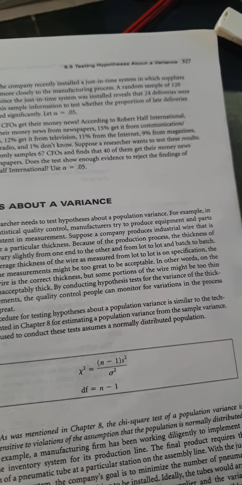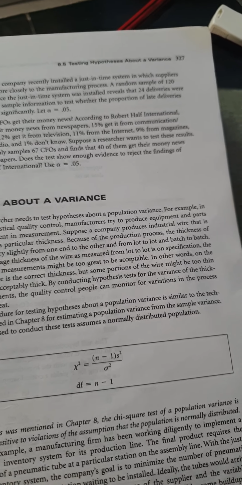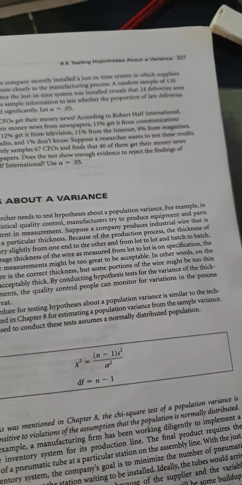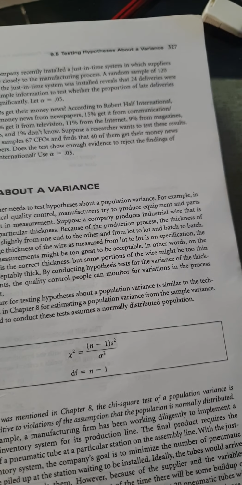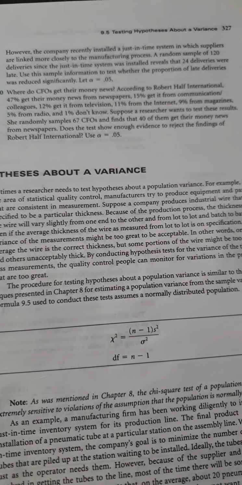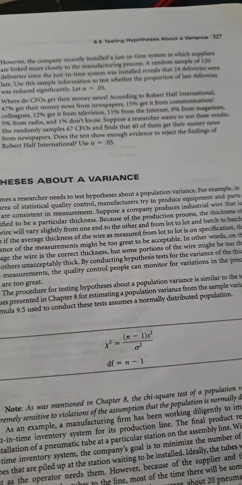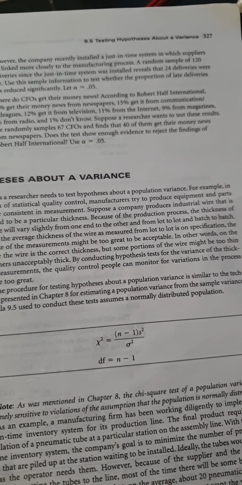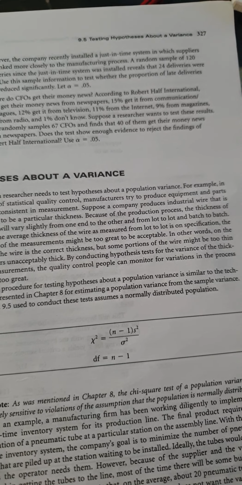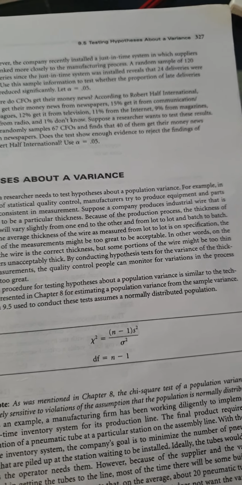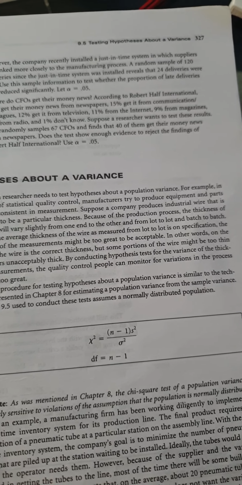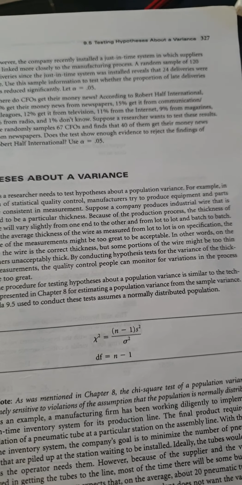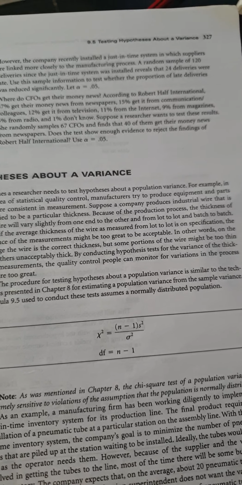Suppose a researcher wants to test these results, randomly samples 67, n equals 67, and finds that 40 of them, x equals 40, get their money news from the newspaper. So here your probability for the hypothesis is 0.47, because the probability for newspaper is 47%. Does the test show enough evidence to reject the findings of Robert Half International?